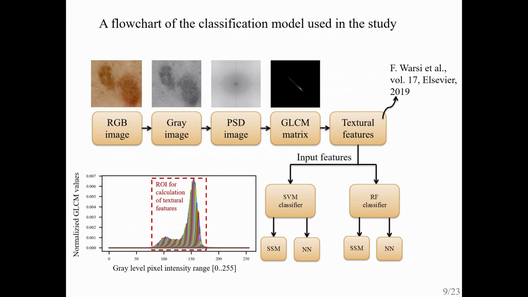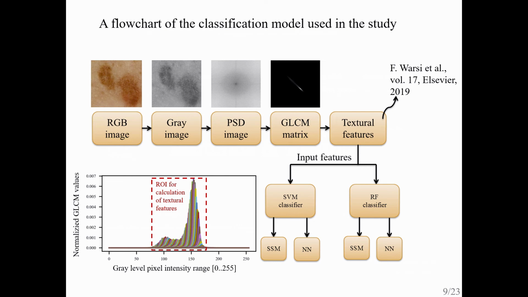And then we calculate the co-occurrence matrices to find the probability of occurrence of gray level pairs. I'm going to explain how to calculate this matrix. Then we extracted textural features, and we also eliminated non-zero values.